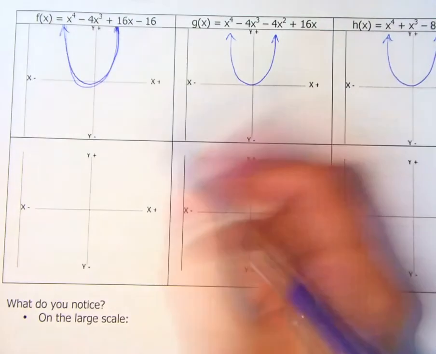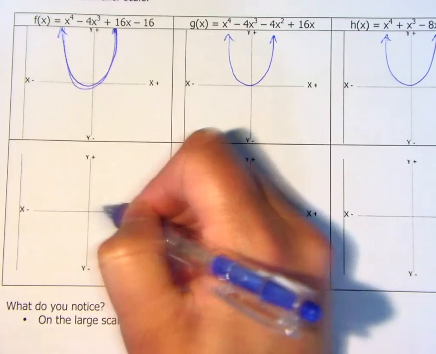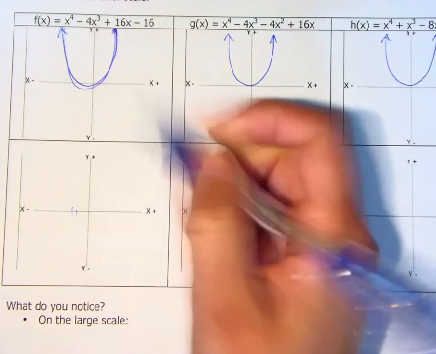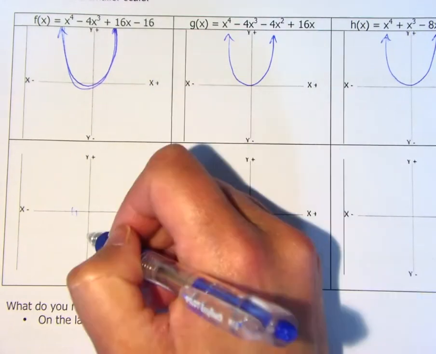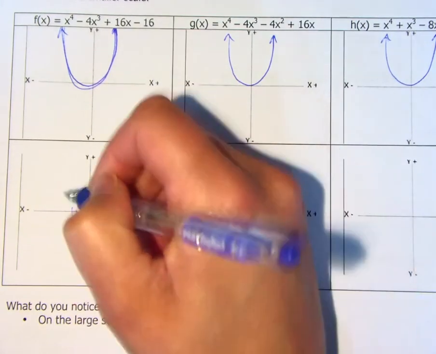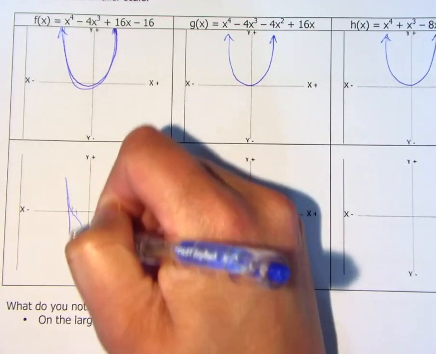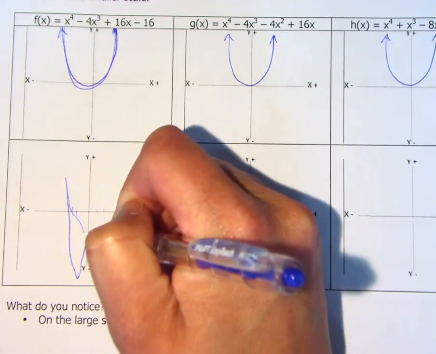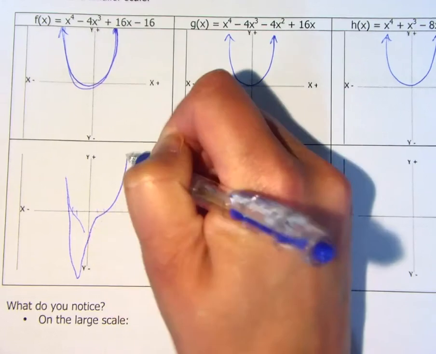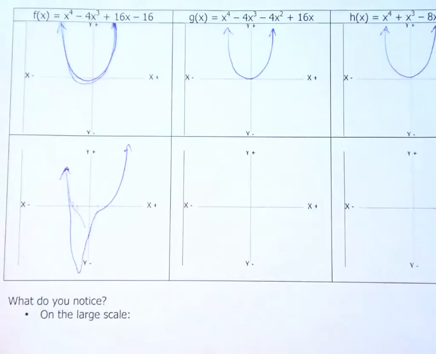Just kind of sketch that. You don't have to be super specific, but you can see the values that your graph is going through on the x and y axis. Just get a general sketch.